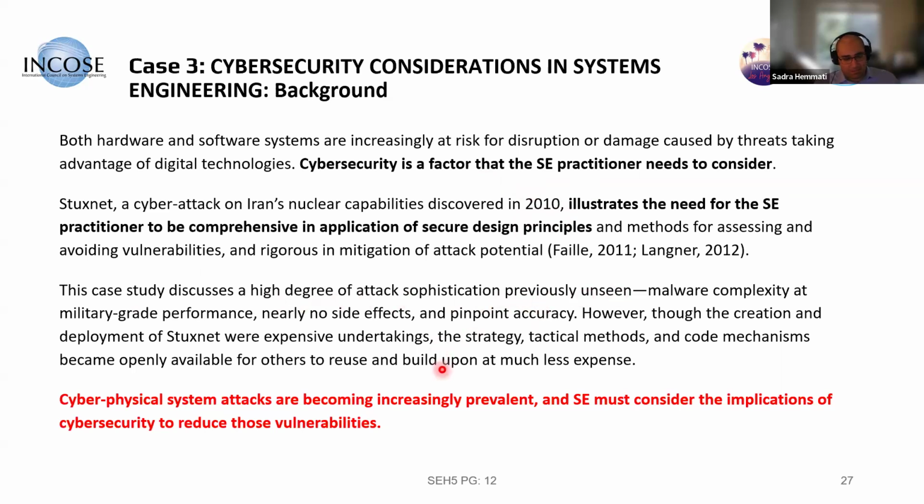So the takeaway is that as cyber physical system attacks are becoming increasingly prevalent, SE should consider implications of cyber to reduce those vulnerabilities. Definitely there are going to be more security requirements, more involvement between software and system. That's already the trend.